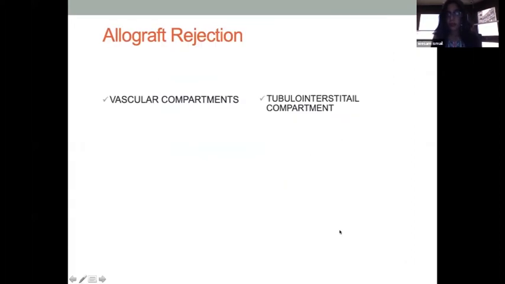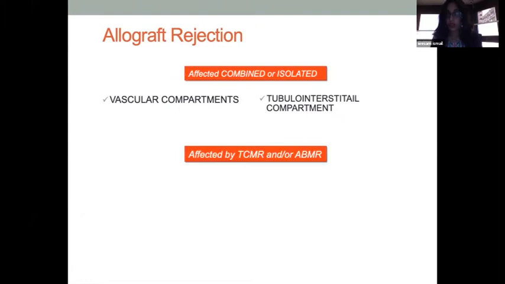So I just want to remind you that allograft rejection can hit both compartments of the kidney, vascular and tubulointerstitial, and that these two compartments can be affected combined or isolated. So you can have only vascular affection, or only tubulointerstitial affection, or both.